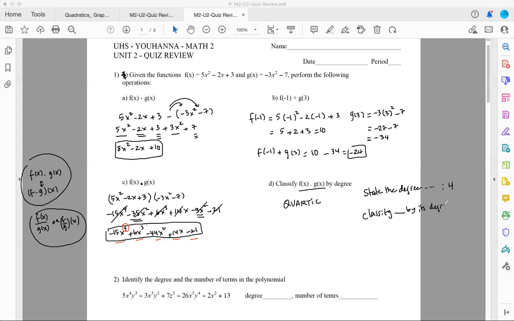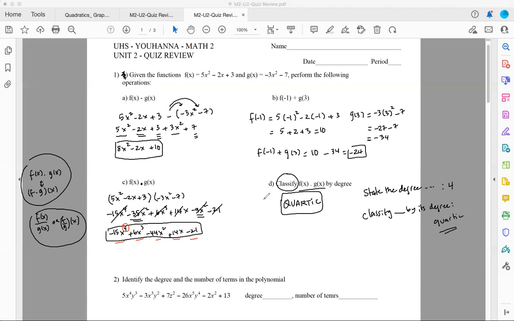You would say the mathematical name for it. In this case, if anything is to the 4th power, you would say quartic. So in this case, we're asking for classify. That's why we end up not saying 4, but instead saying quartic, the appropriate word for it. And it's in your vocab. If you remember the beginning of the unit packet, you had vocab, and this is one of them.